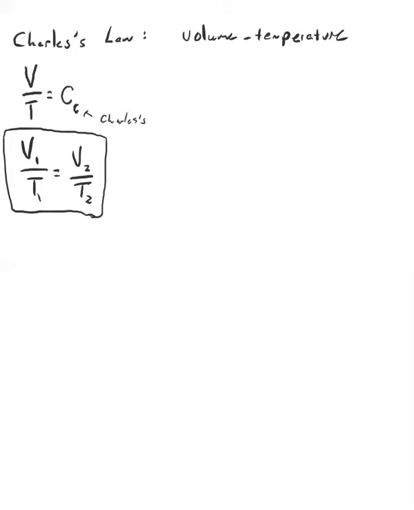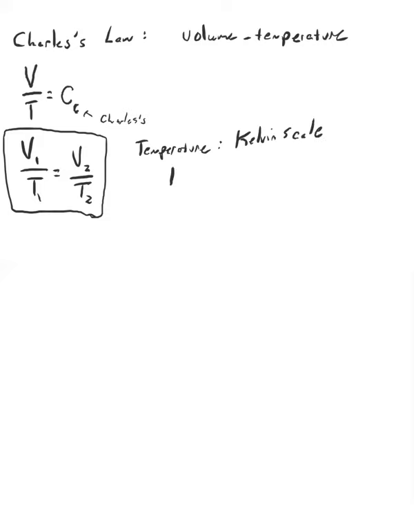Okay, now one thing to talk about. The temperature for this course, and for pretty much any course you're going to use, with the exception of maybe engineering courses, we're going to use the Kelvin scale.